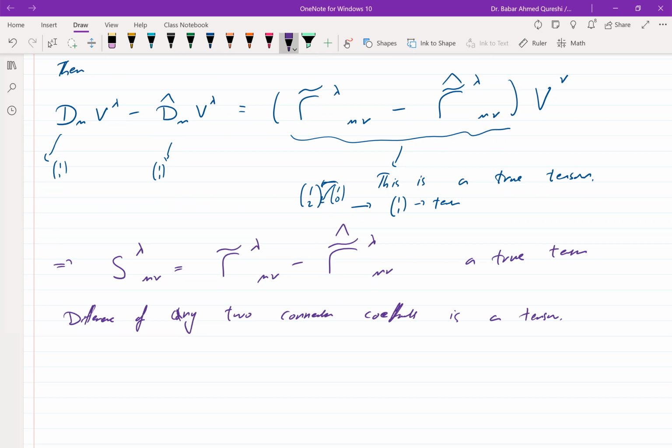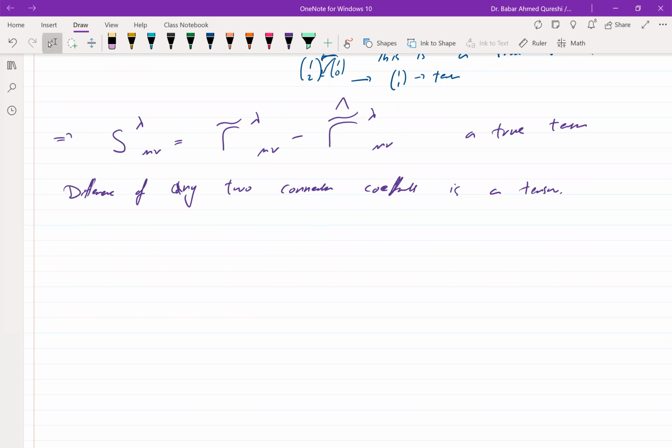They are not tensors themselves, but if you make a difference, then they're a tensor, because it so happens that, in their transformation law, they have a non-homogeneous piece which doesn't care about what the coefficients themselves are. It just cares about the indices. So since you are making a difference, those non-homogeneous pieces just drop and you get a tensor.